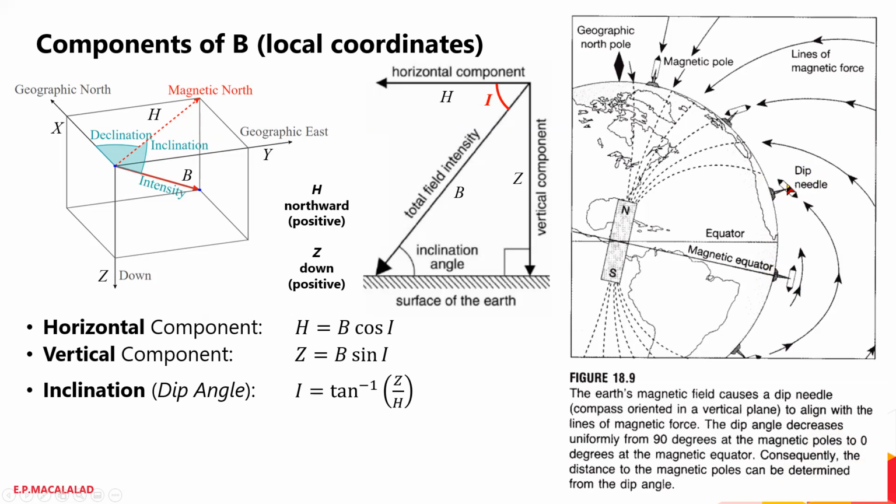It tells you how much your compass needle will dip downward towards the surface. As you go up, the dip angle increases until you reach your magnetic pole, where the magnetic field line points vertically with respect to the surface. That means it's purely vertical, so your inclination is equal to 90 degrees.